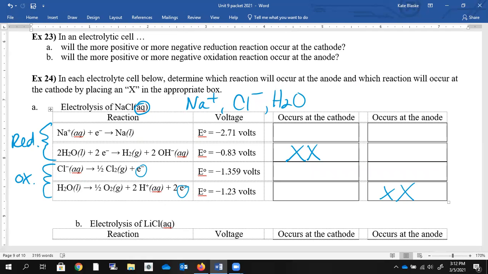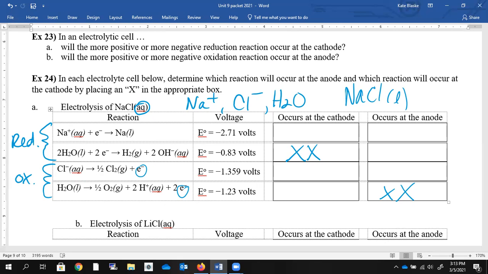If I made sodium chloride liquid instead of aqueous, if I melted it down and made sodium chloride liquid, then there is no water. It's just really hot sodium chloride. If I then ran a current through that, I could reduce my sodium and oxidize my chlorine.